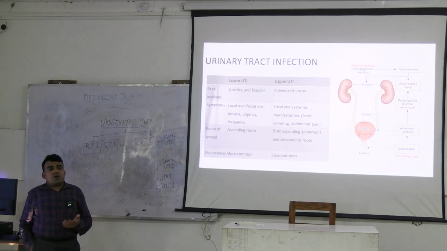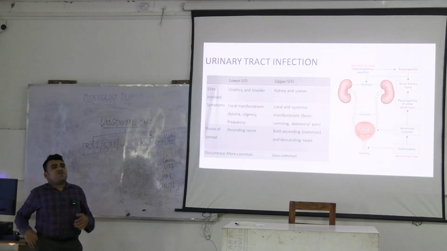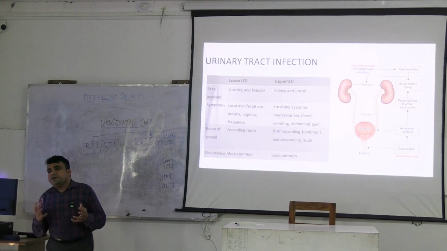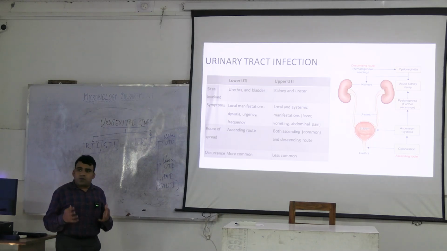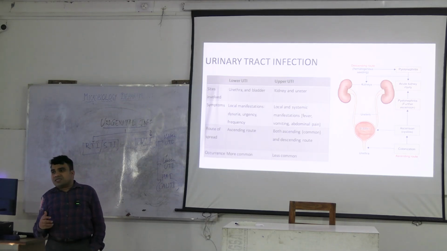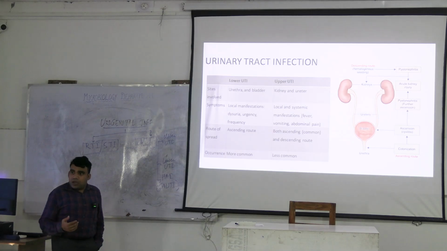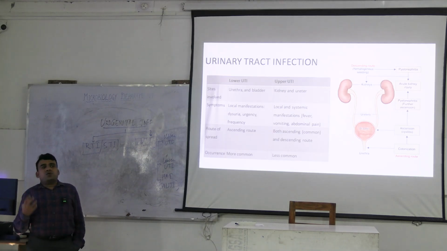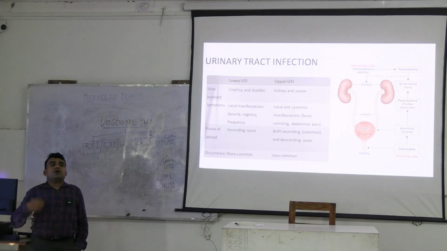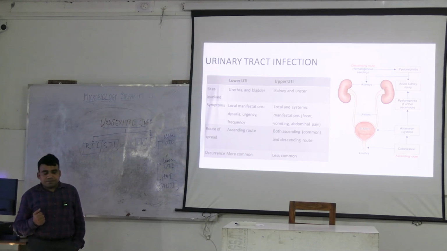Now, in case of the bladder, what would be the symptoms? What is the function of the bladder? It holds the urine. If the mucous membrane of the bladder is irritated, it will not be able to hold the urine for a prolonged period of time. So, what will the patient complain? The patient will complain that I have to go to the toilet more frequently. This is called frequency of urination. Even a small amount of urine in the bladder will give a sense of full bladder because of the irritation of the mucous membrane.